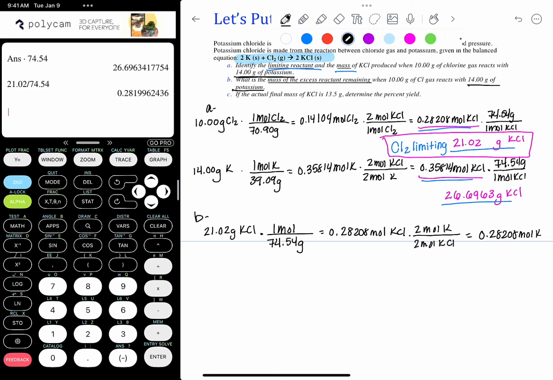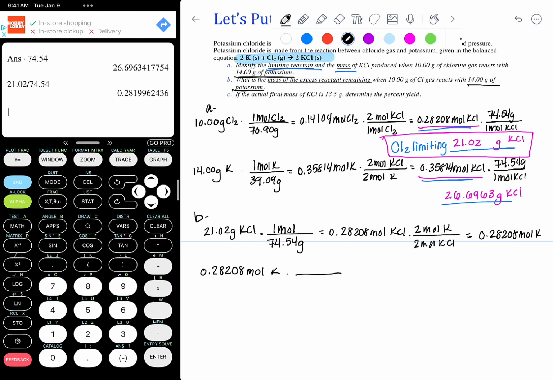So if I want to compare the mass of potassium, I'd have to convert that moles to grams. So we're going to take that 0.28208 moles of K and just convert that back to grams. So 1 mole of K is 39.09 grams.